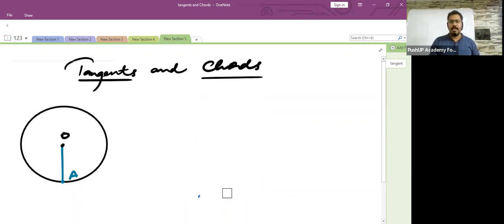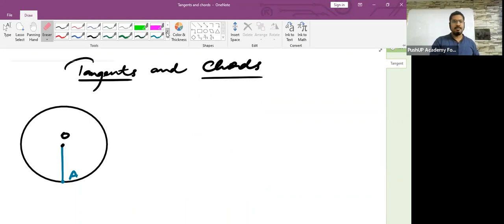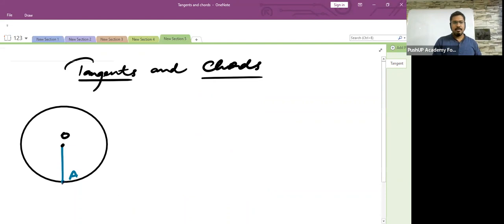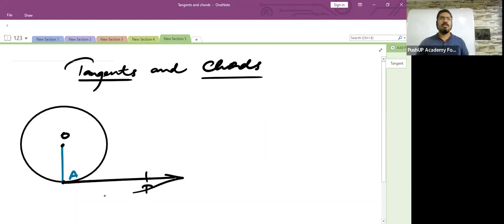And the property says, if you have a circle with a radius, and if you draw a tangent through this point A, imagine AP is a tangent. What is AP? AP is a tangent. What is OA? OA is the radius.